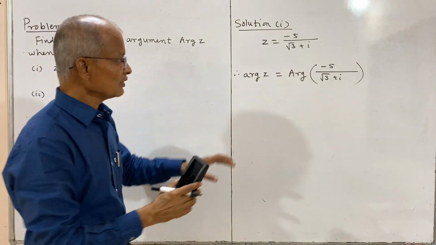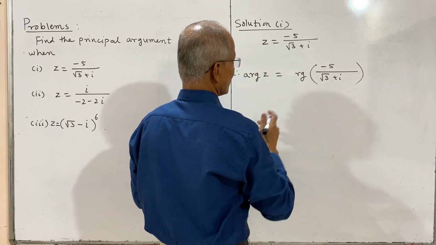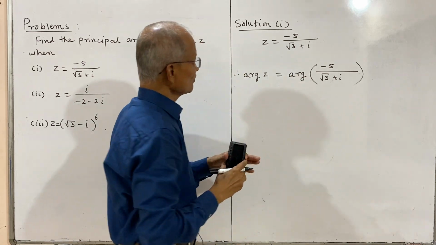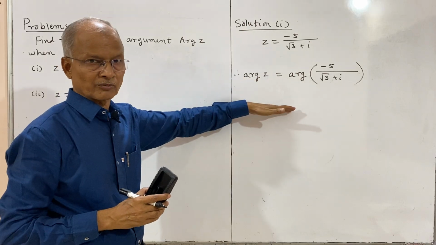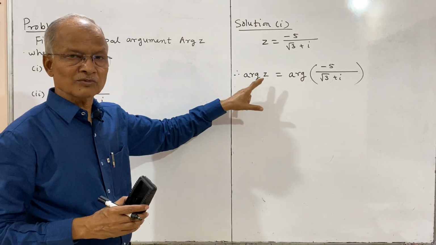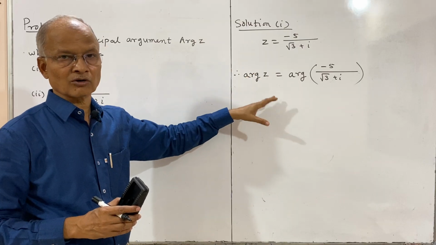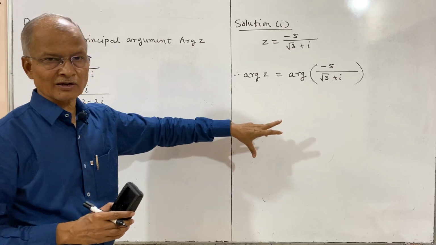The result we shall first apply for general argument, because the result which holds for general argument may not hold for principal argument. We shall first find the argument of z, and from this we shall find the principal argument of z. What is the difference between argument z and principal argument?